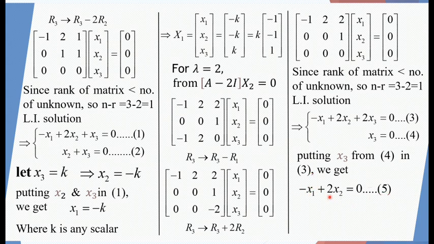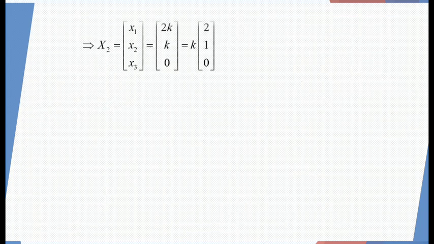Now we can let either x1 or x2 in terms of any scalar. So letting x2 equal k, from here x1 is 2k. So we get the values of x1, x2 and x3 in terms of k and 0. So the second eigenvector is capital X2 equals x1, x2, x3, or 2k, k, 0, or taking k as a common, 2 1 0.